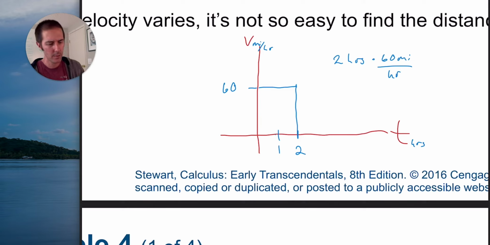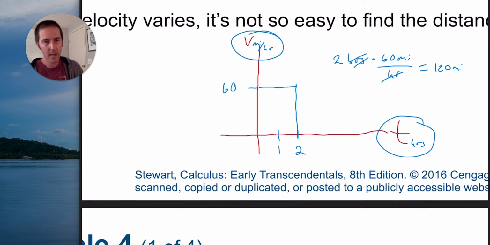Can I cancel these units, these hours? And I end up with 120. Oh, there are units left. It's miles. Of course it is, because we just did velocity times time, or time times velocity, and what does that equal? It equals distance. So we've ended up with an answer that's 120 miles.